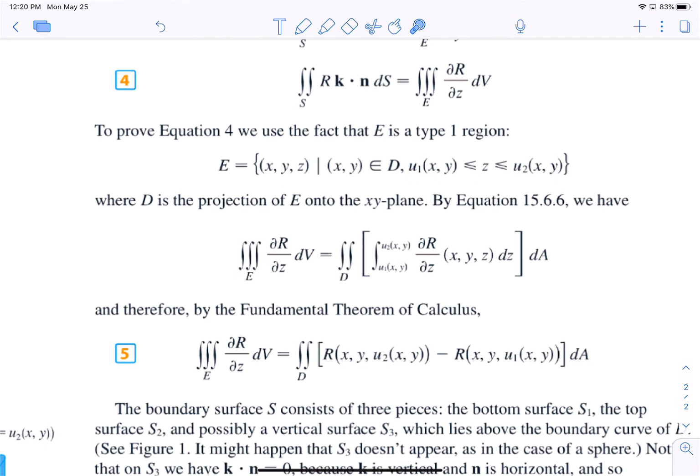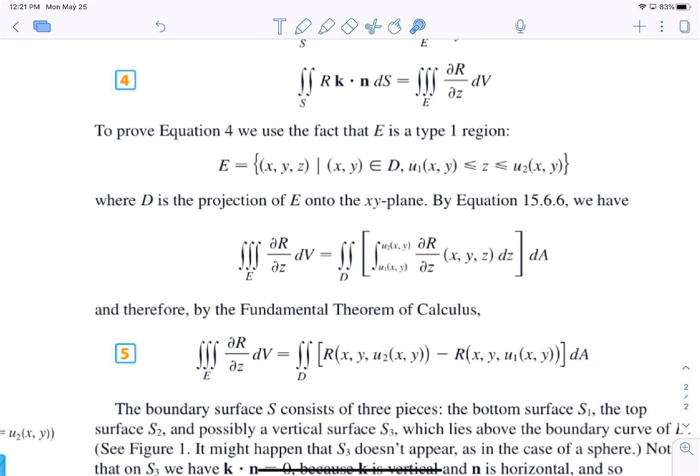We'll call them u1 of (x, y) and u2 of (x, y). Considering dV as dz times dA, we can evaluate the inner integral integrating with respect to z, and the derivative and the integral effectively cancel, and we end up with R evaluated at (x, y, u2) minus R evaluated at (x, y, u1) inside of the integral over the region D, the double integral, dA.